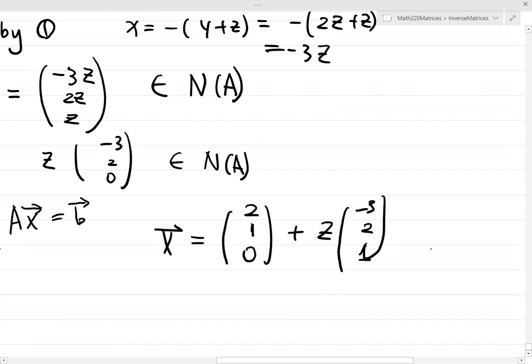So this is indeed a line. Here we translate a line. Now we have the general solution.